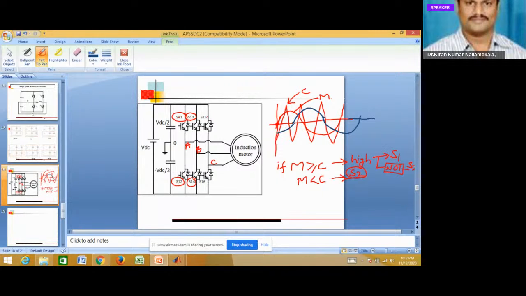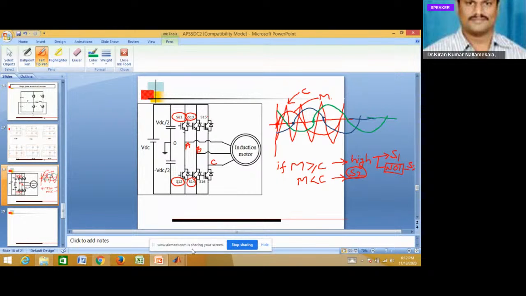We start the B phase at 120 degrees because the phase displacement between A phase and B phase is 120. Similarly, for C phase, we'll take another 120, that means 240 degrees, but the triangular wave is the same. This is what we are going to design.